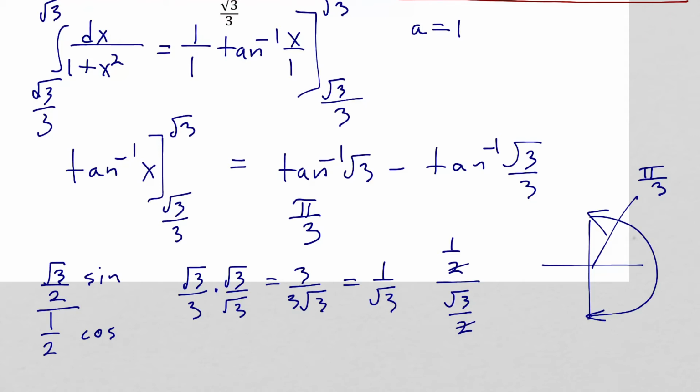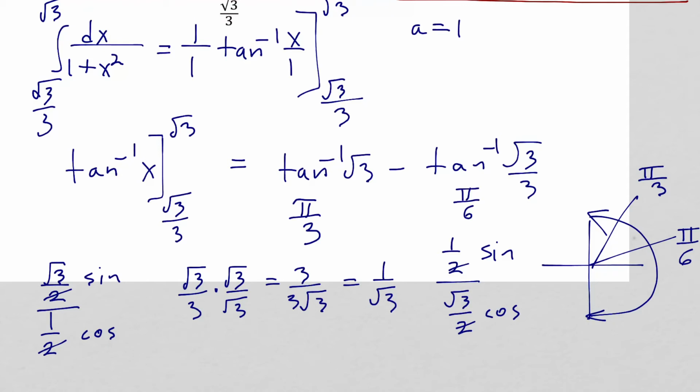So these 2's always cancel out. That's how we know this. So this is my sine. This is my cosine. So my sine is now 1/2, and my cosine is radical 3 over 2. So I'm here at pi over 6. So this one's pi over 6.